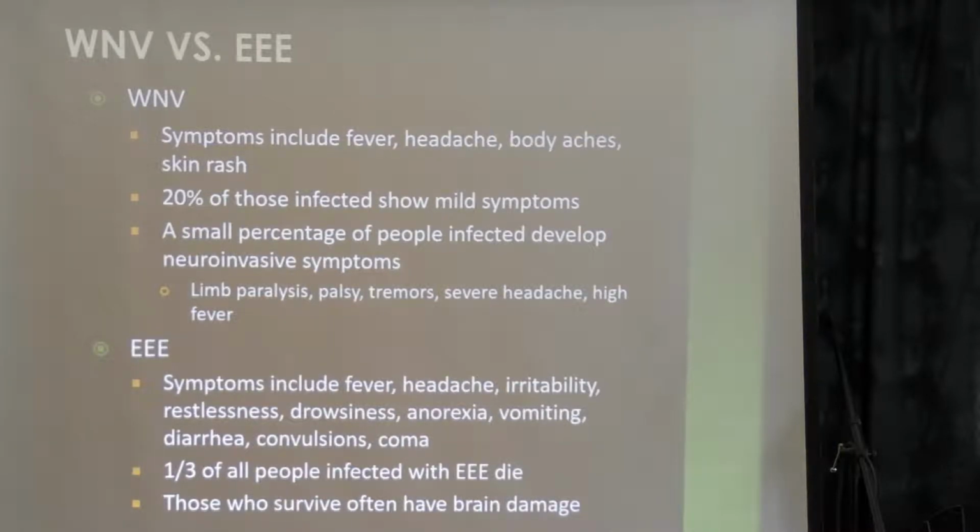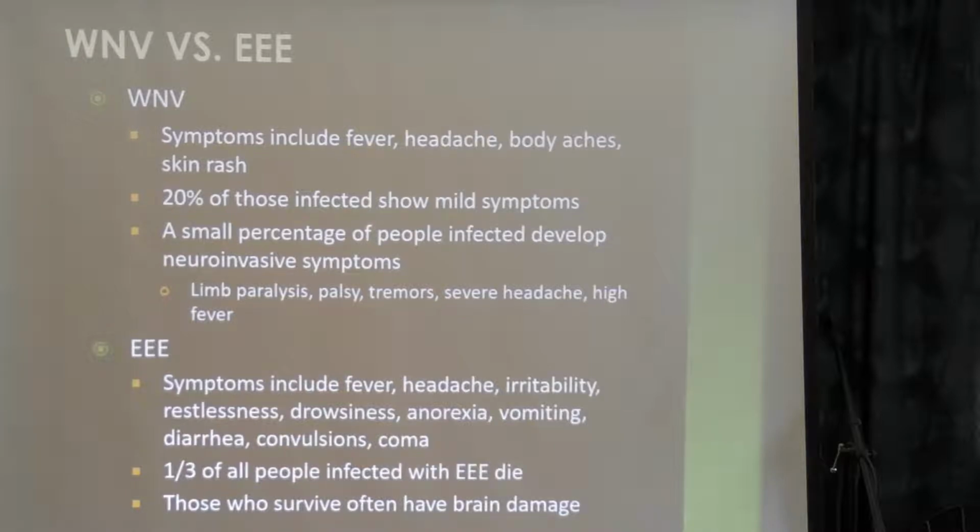But I think what people really have fear about, I mean, how many people have heard of Triple E before? More than half of you. Triple E is fairly rare, but it can be very deadly, where a third of all the people that get it will die. And of the two thirds that survive, a lot of them are going to have brain damage from it.